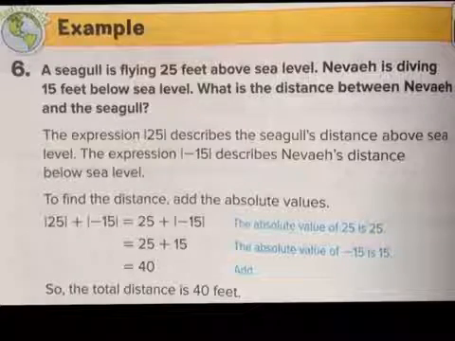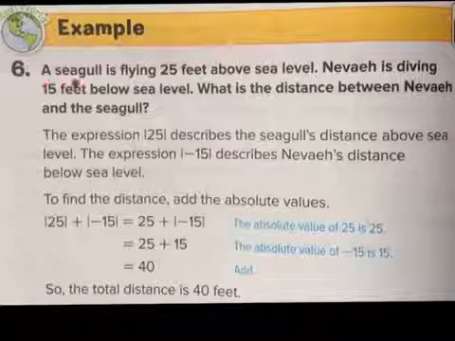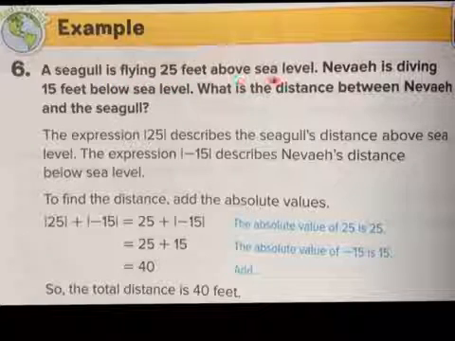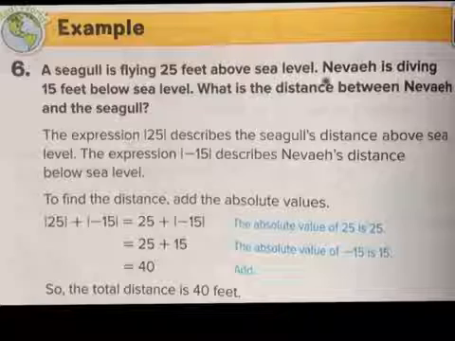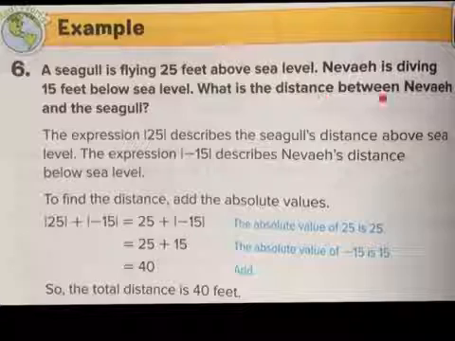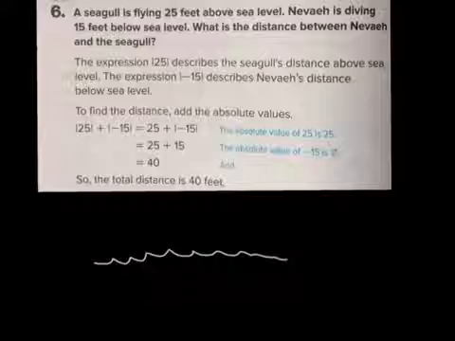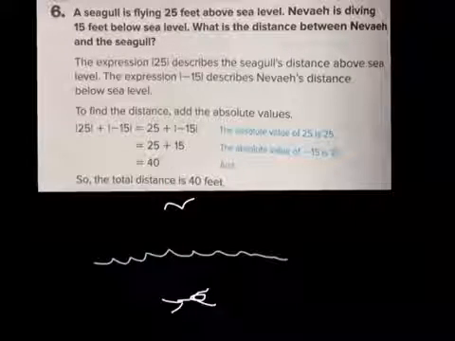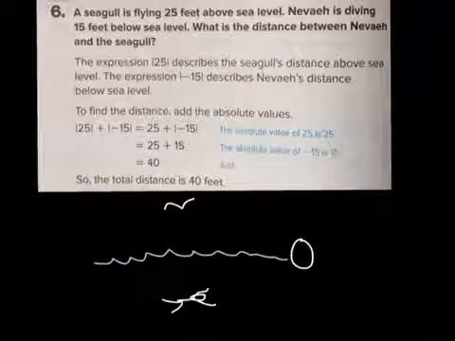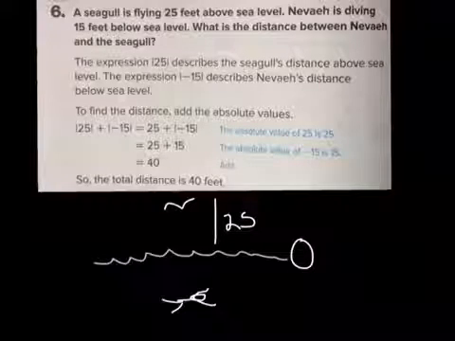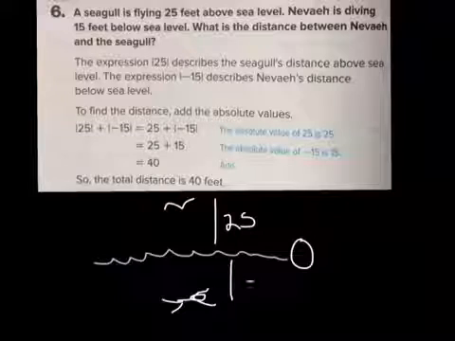And here's one way absolute value applies to the real world. A seagull, a bird that lives by the sea, is flying 25 feet above sea level. Navia is diving 15 feet below sea level. What is the distance between Navia and the seagull? So we have the water, the seagull, and Navia, and we want to know the distance between them. Remember that the water is our zero. The seagull is 25 feet positive, and Navia is 15 feet negative.